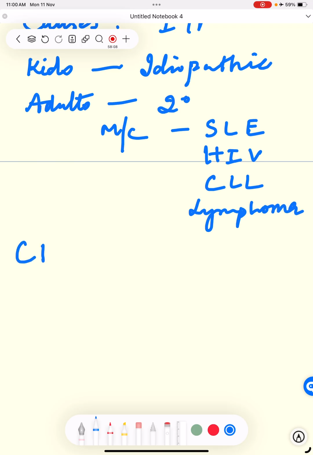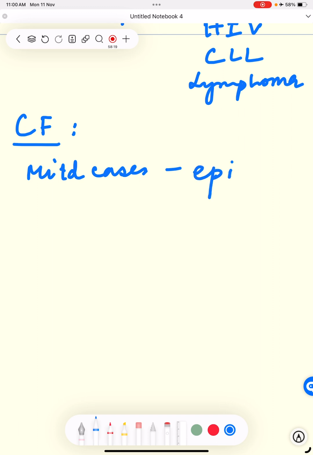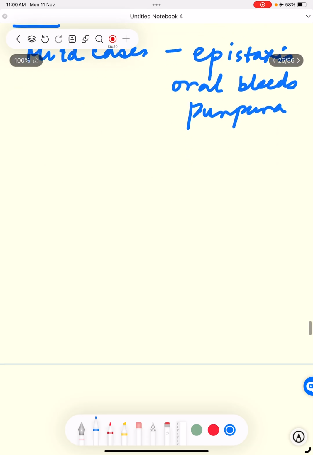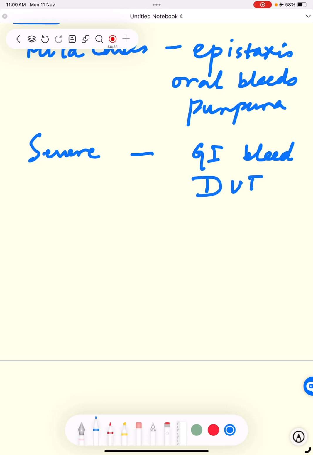Now, what are the clinical features? In mild cases, of course, the patient will have bleeding tendencies. So they may come to you with epistaxis or oral bleeds and then purpura. In severe cases, they may have GI bleed and dysfunctional uterine bleeding.